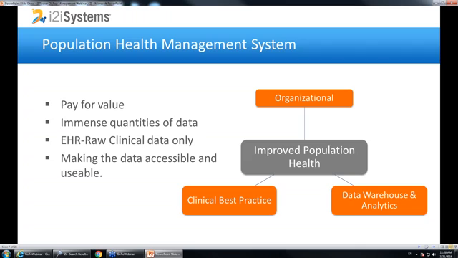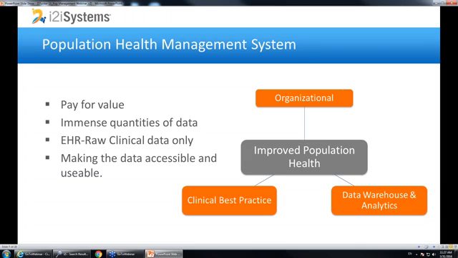Applying advanced analytics to organize and measure clinical outcomes, identifying and solving the real problems, helps us focus on the areas of great opportunity in terms of quality of care improvement, cost reduction, and revenue enhancement.